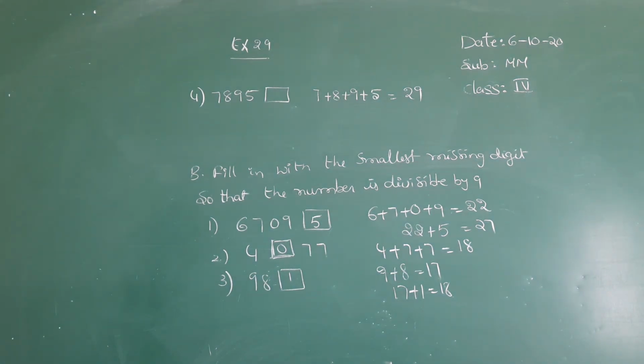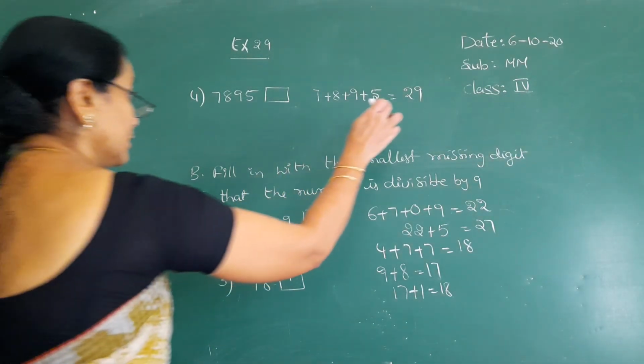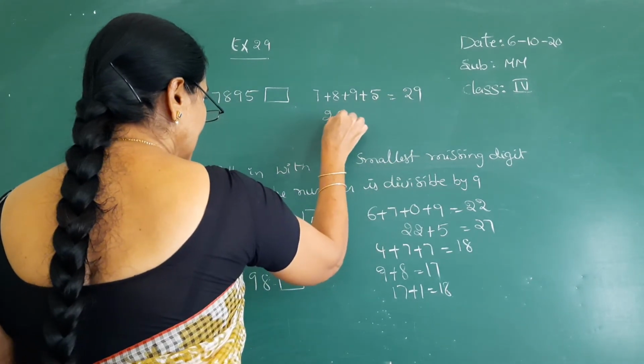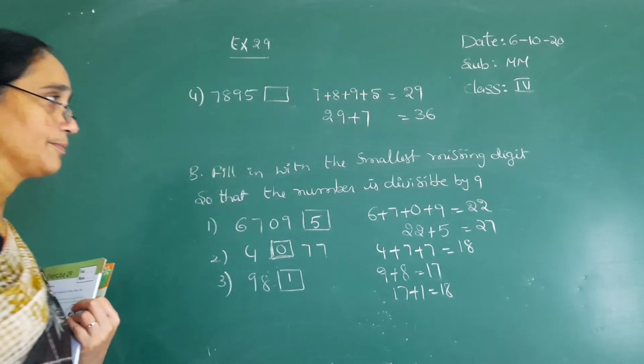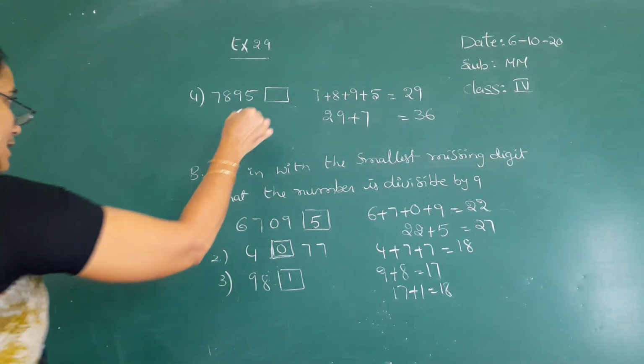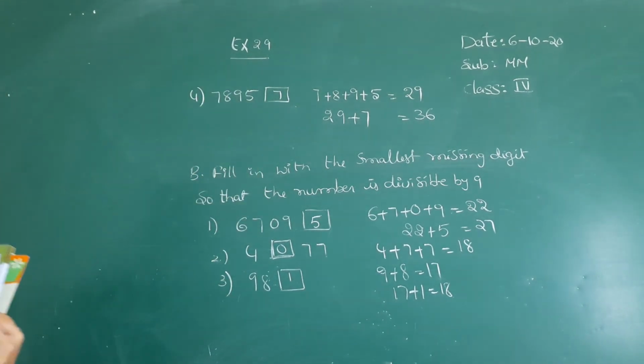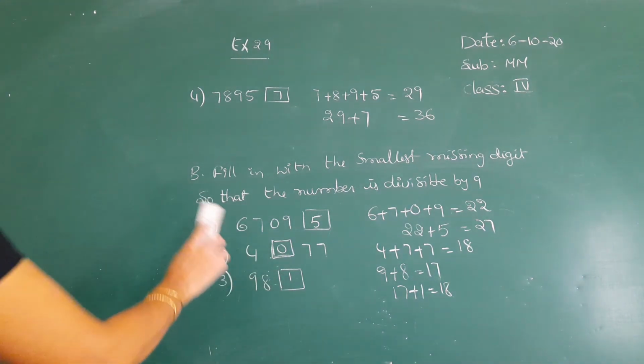So after 29 the number divisible by 9 is 36. How much should you add to 29 to get 36? You have to add 7. So the missing digit is 7. That is the method to fill the missing digit.